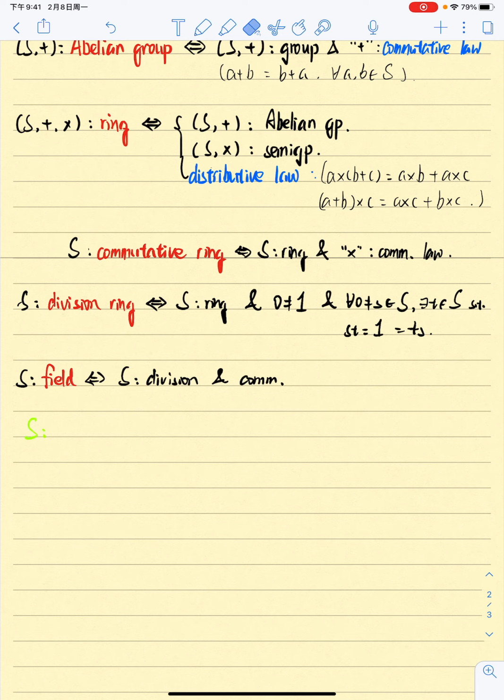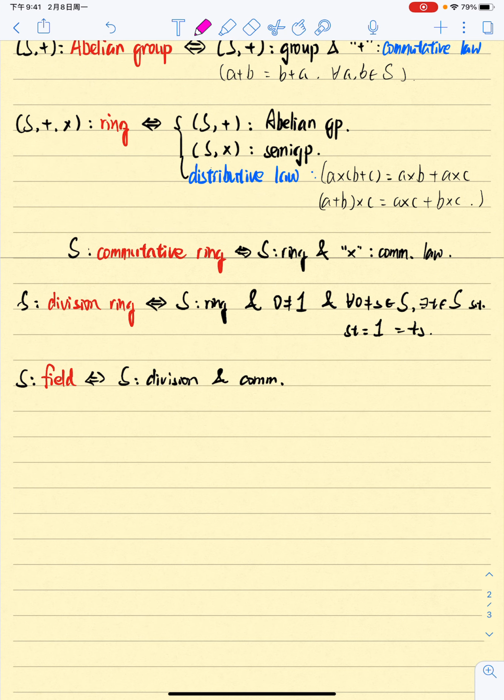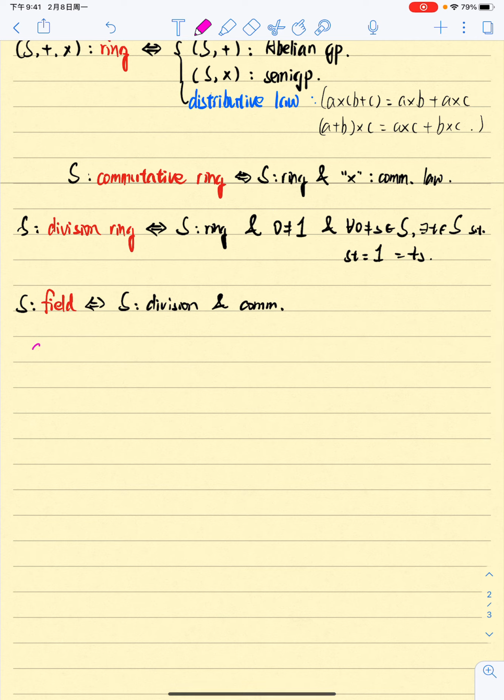Not clear. Change the color. S is an abelian ring only if S is a ring and every idempotent element is a central element.